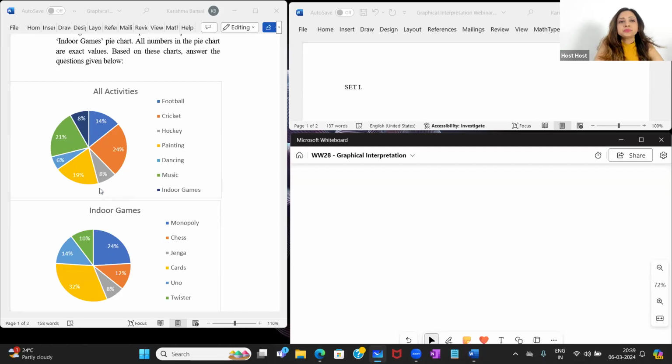Right? Now, all numbers in the pie chart are exact values. Now, why have we been given this? That these are not approximations, right? These are the exact values. So over here, for example, people were surveyed, right?